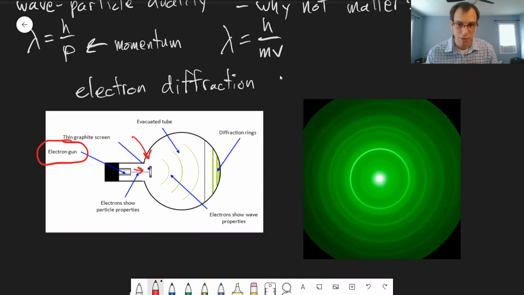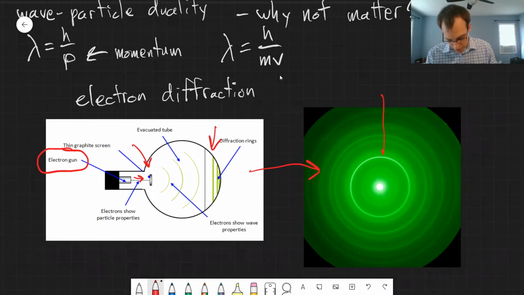But once they pass through this graphite screen, it acts as a diffraction grating for these electrons. Because of their wave-like nature, they interfere with each other. And we see an interference pattern that shows up on this detector at the back of this evacuated tube. The electrons go through, they interfere with each other, and we see something that looks like this on the right. So we see rings where it's bright.